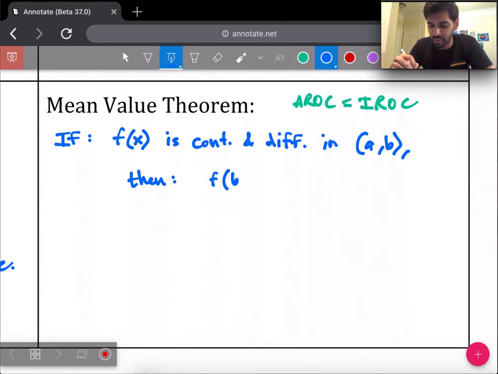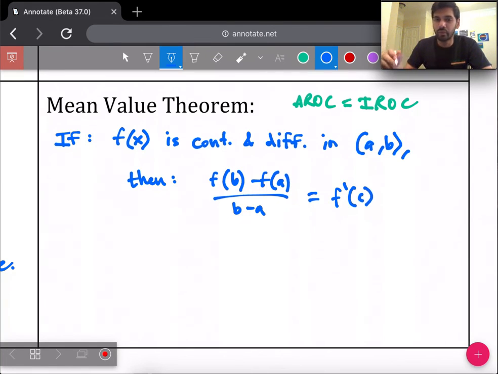So I'll write f of b minus f of a over b minus a. So there's the a rock is equal to i rock, which is f prime of c. And then we can say where c is in between a and b.